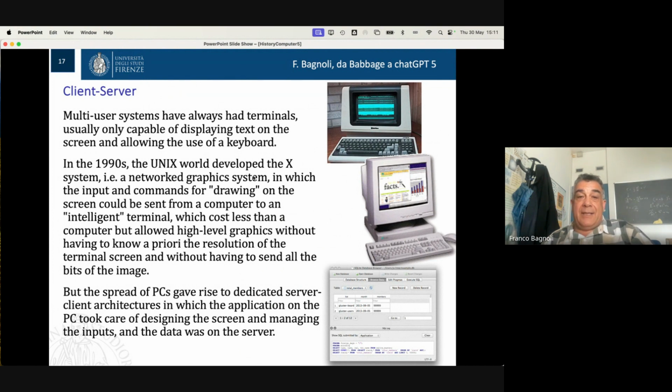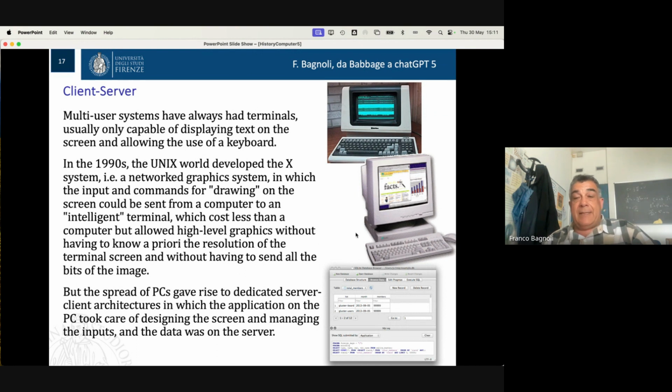Then in the 90s, there was the home PC revolution, so enterprises were throwing away the terminals and installing the PC. But then you had to move files from one PC to another, or work all together on some common application. So, for instance, in the old MS-DOS, you also had terminal emulator programs to have the PC behave like a terminal.